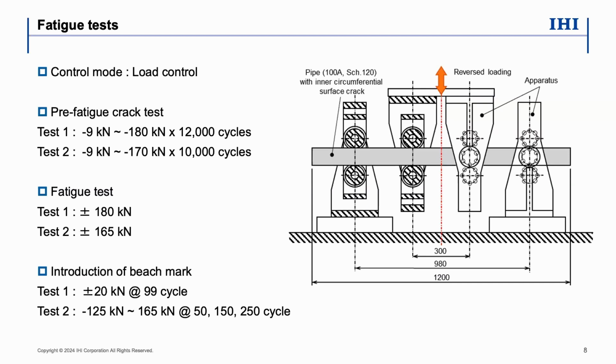In the first test, the load amplitude was 180 kilonewton, and we reduced the loading amplitude to 165 in the second test. During the fatigue test, we introduced a benchmark by changing the loading range to mark the crack tip.